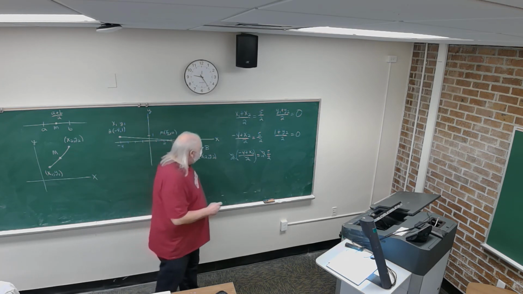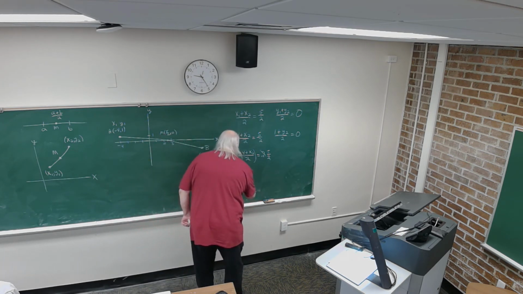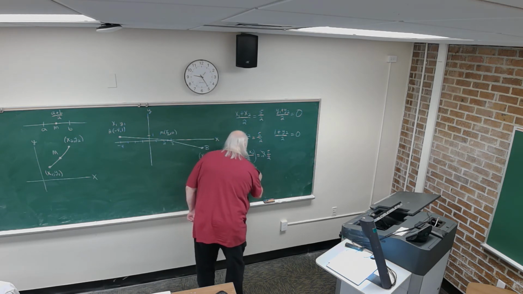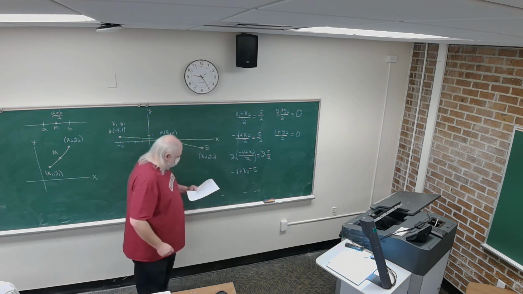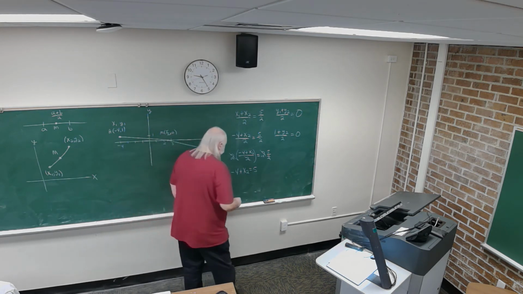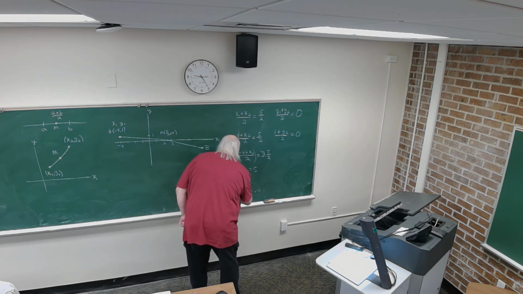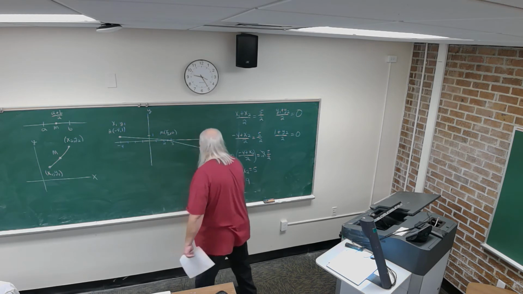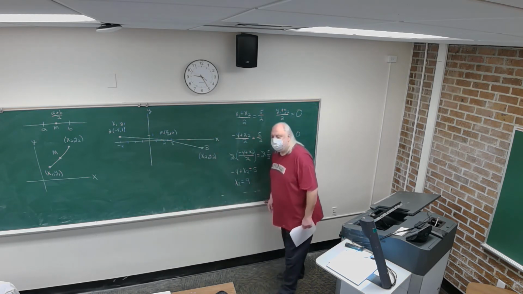And we're left with minus 4 plus x2 is equal to 5. So now we add 4 to both sides. So we get x2 is equal to 9. So the x coordinate for point B is 9.